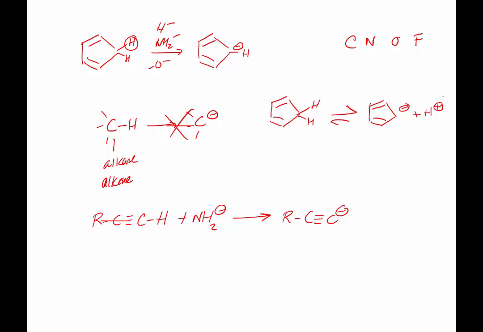The answer is yes. I wouldn't ask if we hadn't. Right? When we're talking about acidity, anything I can do to stabilize the conjugate base is going to make the resulting acid more acidic. So making this aromatic means that those hydrogens can be removed by relatively weak bases.